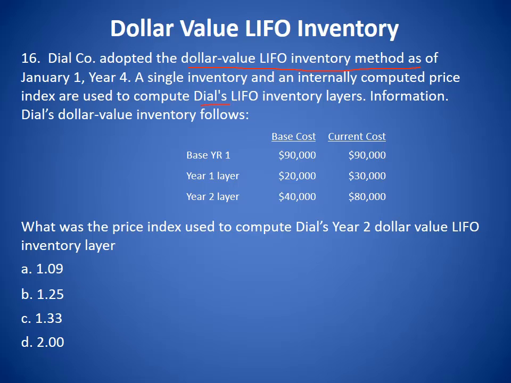And the information regarding the dollar value inventory layers is as follows. We have our base year, year 1 layer, and year 2 layer, and we have the amounts at their base cost and also their current cost. So what was the price index used to compute Dial's year 2 dollar value LIFO inventory layer?